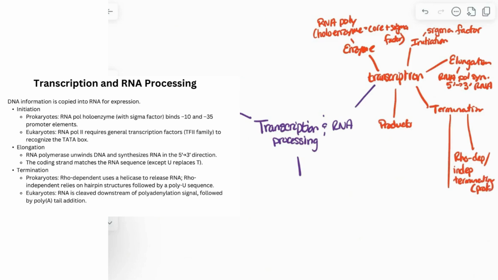And then in eukaryotes, we have the polyadenylation signal.